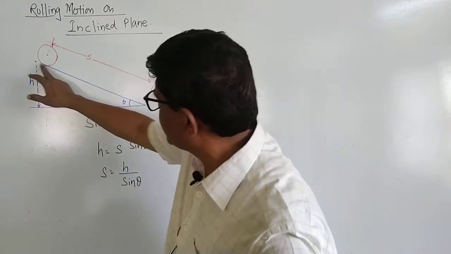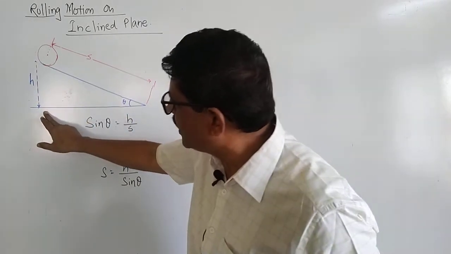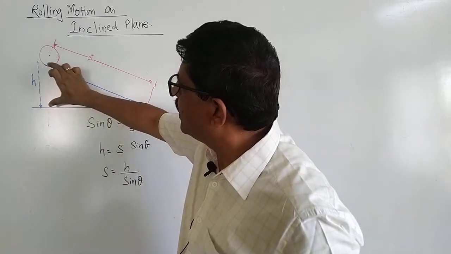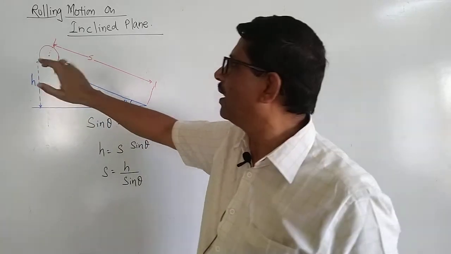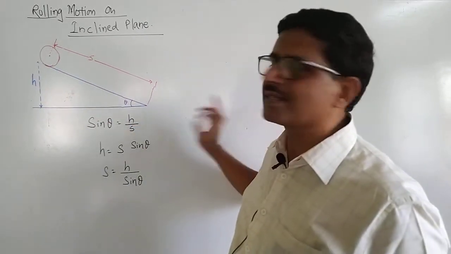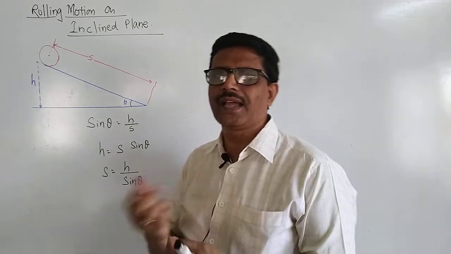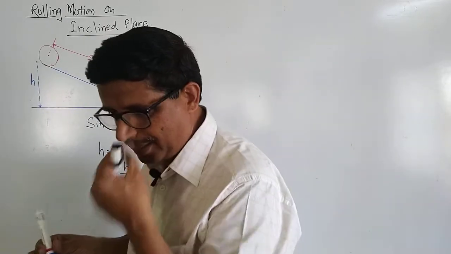Let us consider an inclined plane making an angle theta with the horizontal. The inclined plane is elevated or raised to a height h, and the length of the inclined plane is s. The body is rolling here.